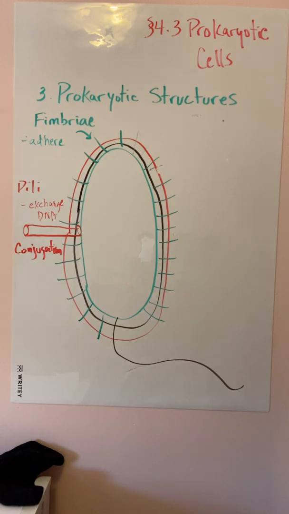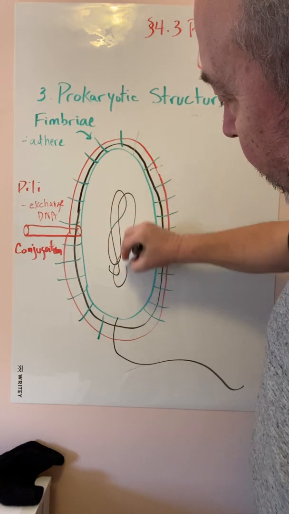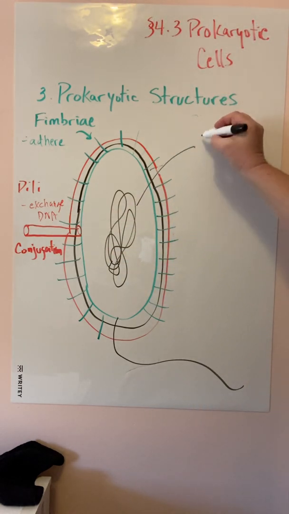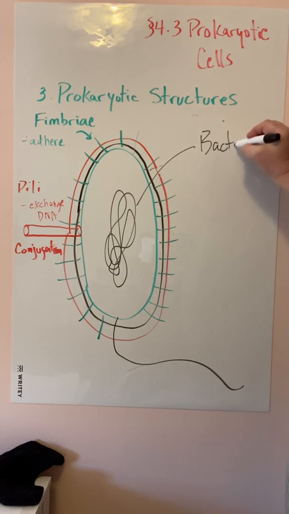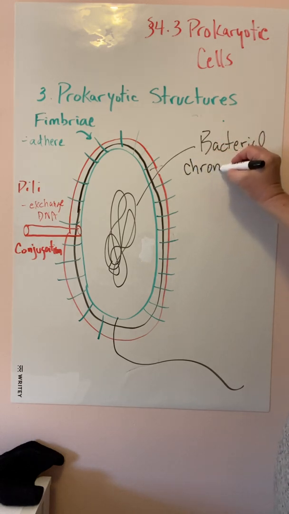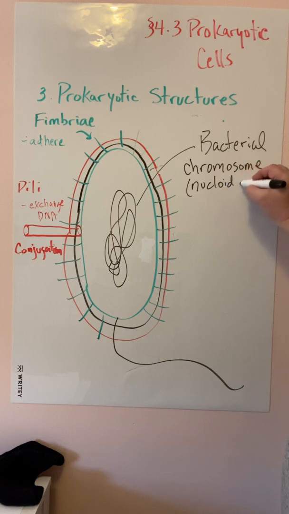The predominant structure inside a bacteria is going to be the bacterial chromosome. This is found in an area called the nucleoid region.